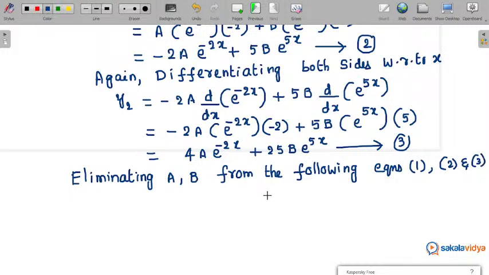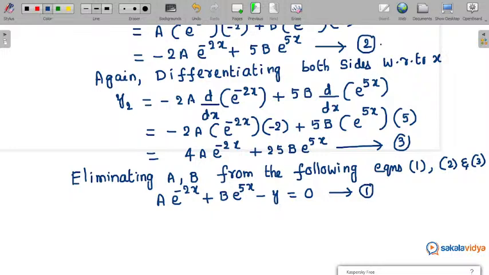So what do we write for the first equation? The first equation means the given one only, which can be written like this: a times e power minus 2x plus b times e power 5x minus y equal to 0. This is equation 1, rewritten.